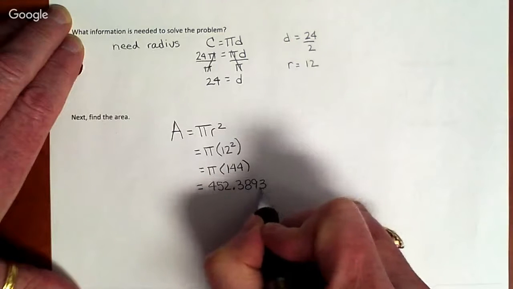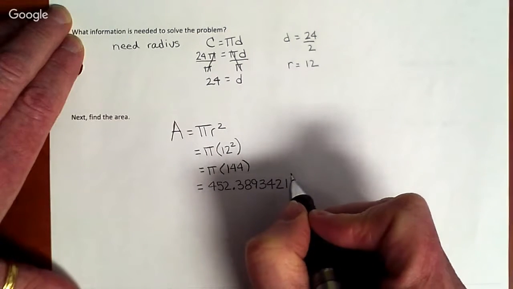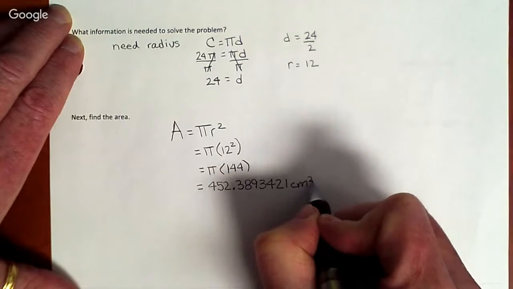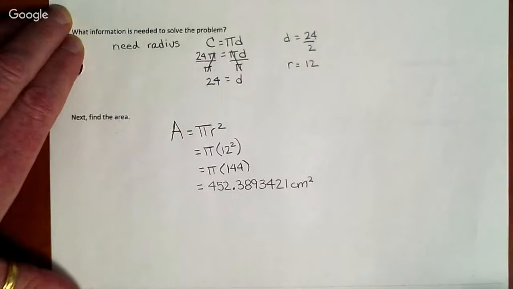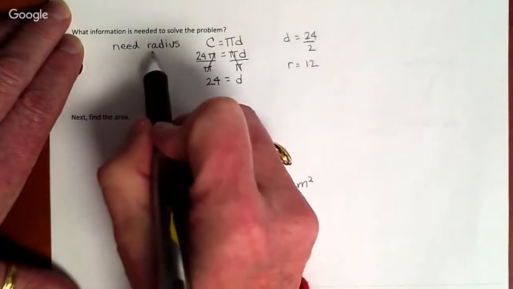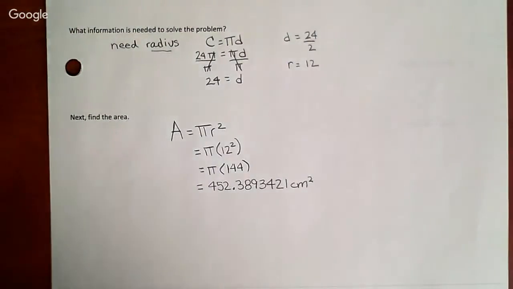And our label is centimeters squared. So again, the information we needed to solve the problem was the radius, because we needed the radius in order to find the area.